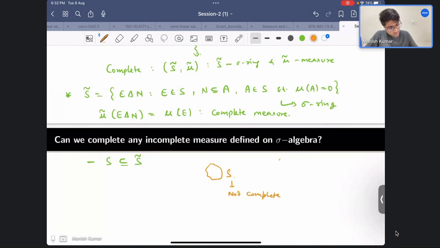This means that there exists some F in S and E a subset of F such that the measure of F is 0 but E does not belong to S. This is what it means when I say that it is not complete, right?